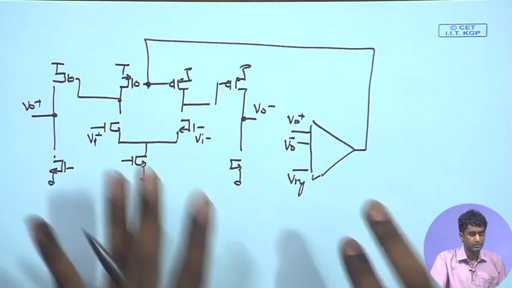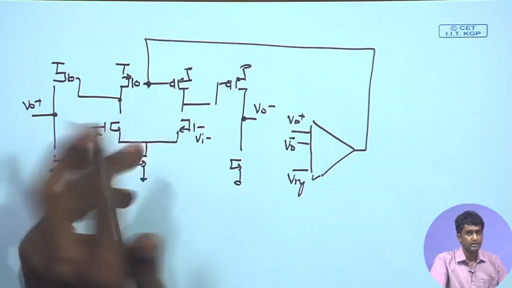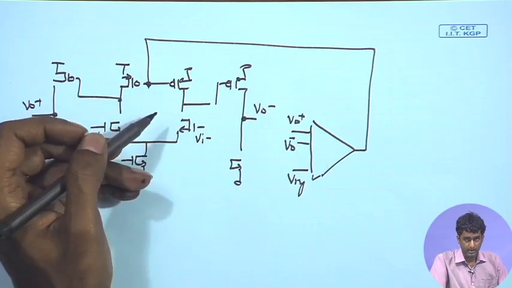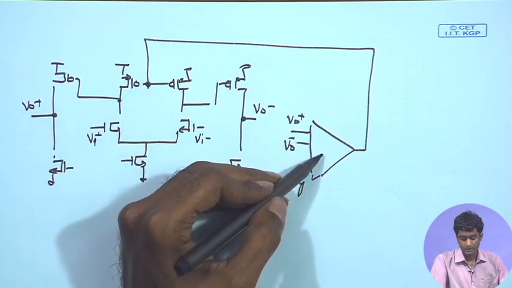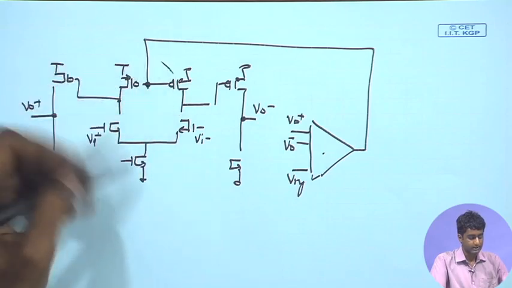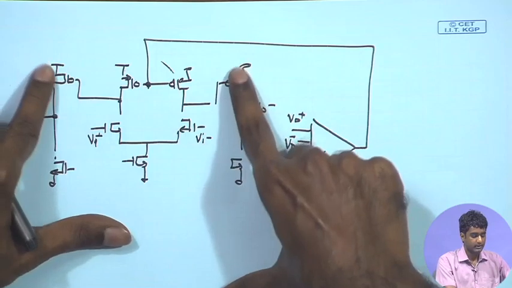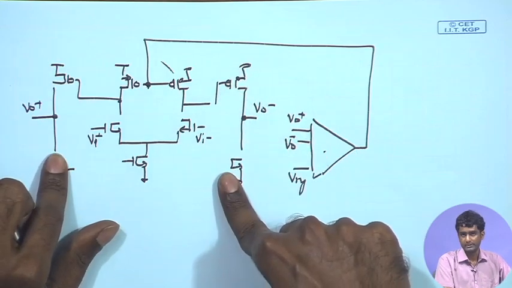In this case, if you want to stabilize this circuit, look at the open loop analysis. Of course, we see that the overall loop gain will be the gain of the differential amplifier. Again, in the common mode, these two stages will be combined together. So you will have basically two stages of common source amplifier with active load.